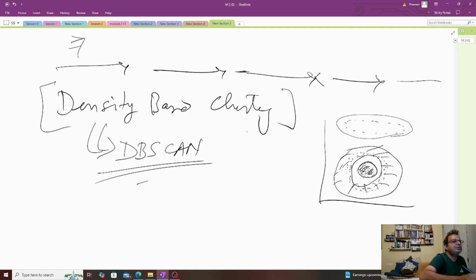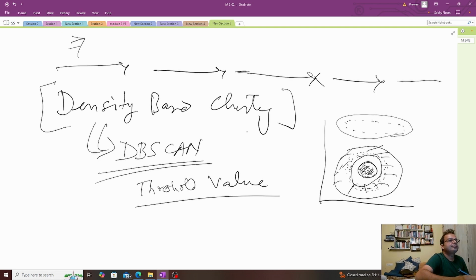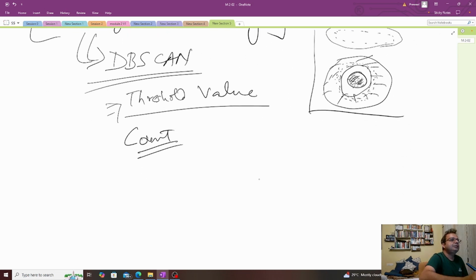One is called the threshold value, and the second one is the count. I'll tell you what this means.